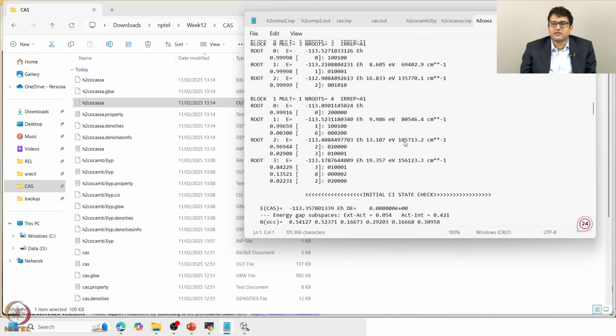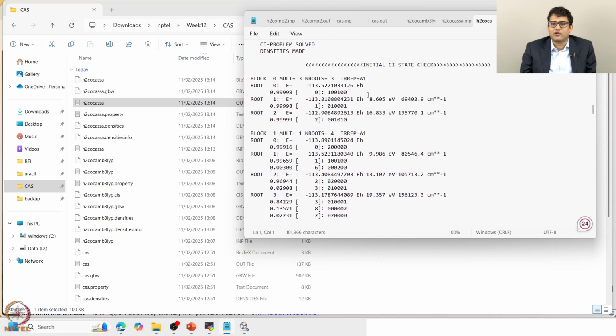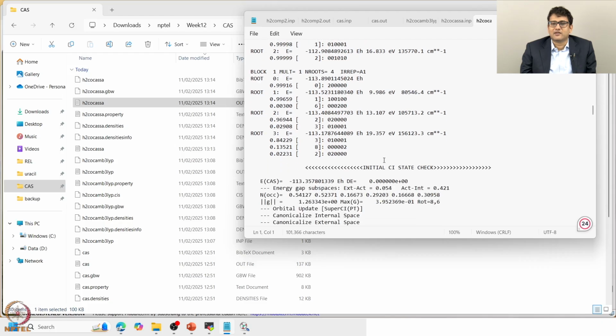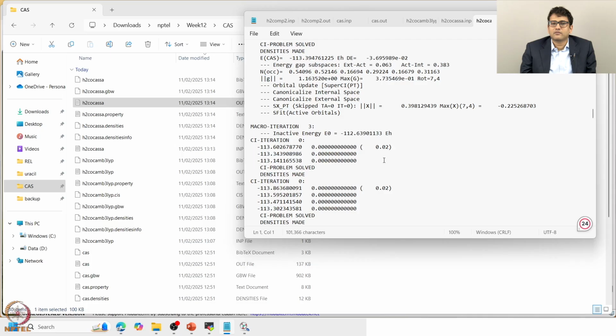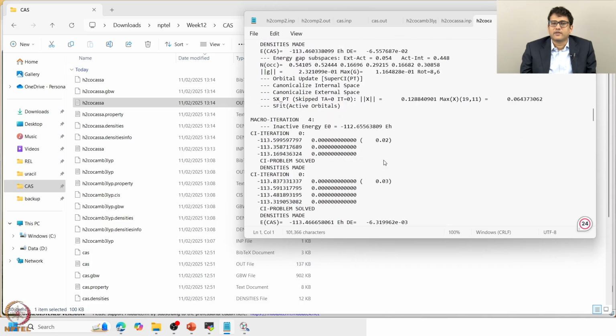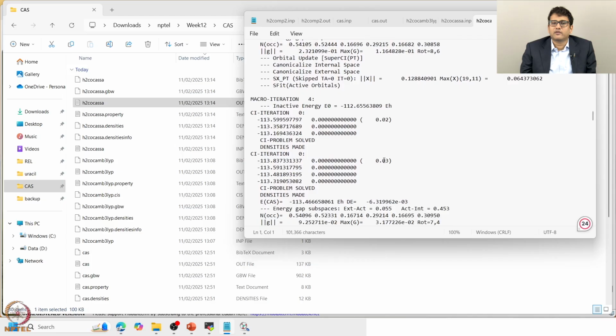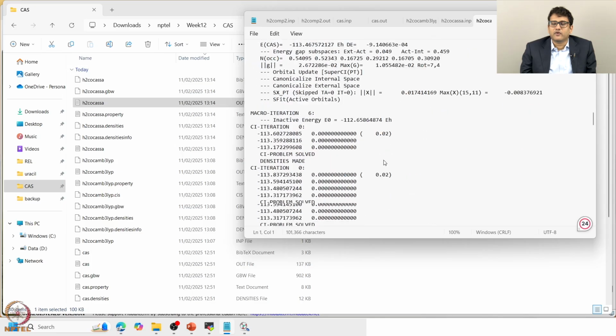These are the initial CI steps where it will give the initial roots. 8.60 is the initial CIS root and 9.986 is the initial CIS root. Now it will do the optimization, and you can see that the singlet and the triplet are converging separately.